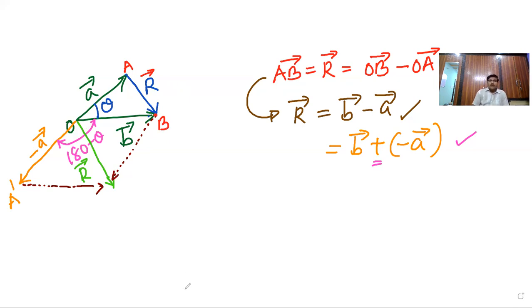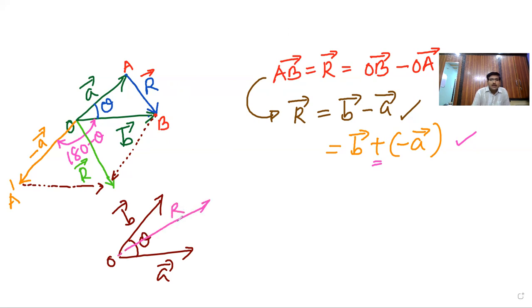In the previous session, we have seen that if one vector is A bar, another vector is B bar, and the resultant is R bar, and the angle between them is theta, then if I construct a parallelogram like this, what is the resultant given?